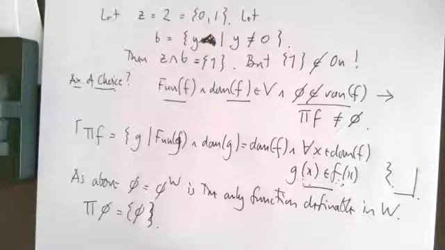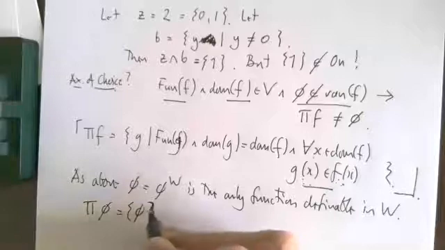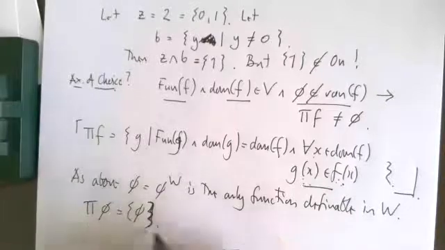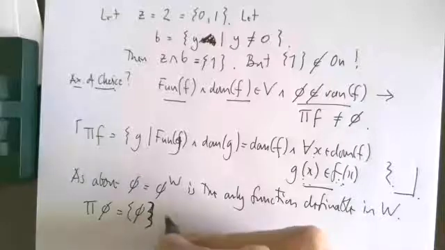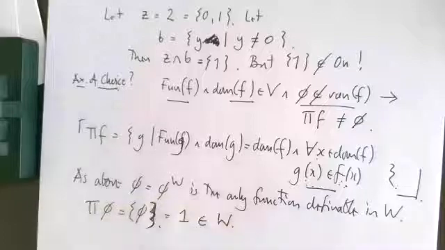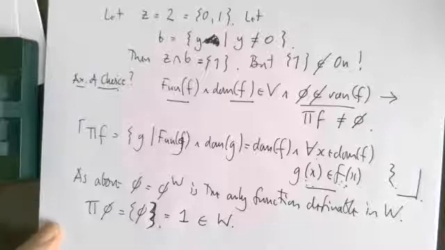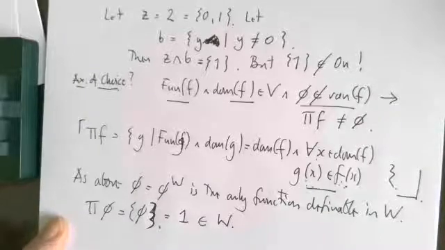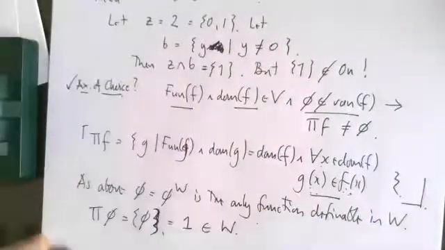But this is the number 1, right? And this is in, which is an ordinal. So kind of vacuously, the axiom of choice holds, if you're being strict and pedantic about this. So that holds there.